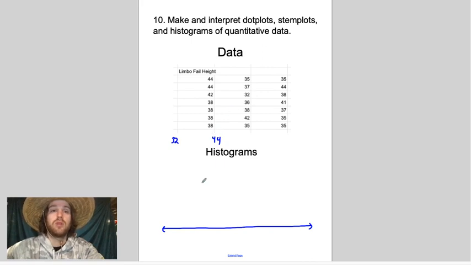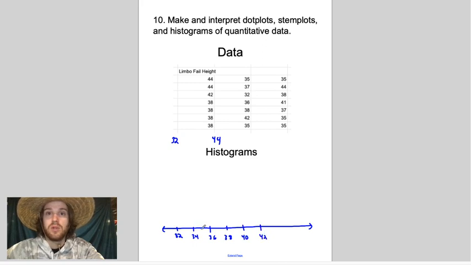12. So let's put 32 at the bottom. And let's do 6 buckets, so that would be 12 divided by 2, so 32, 34, 32 and 34 to 36, 36 to 38, 38 to 40, 40 to 42, 42 to 44.